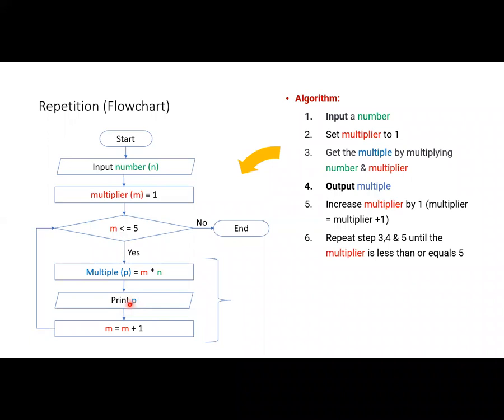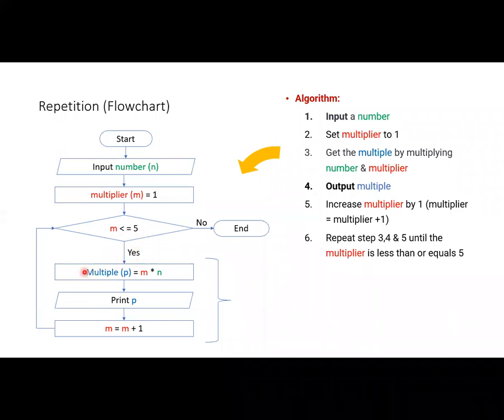Now we have to print our first multiple, then we need to increase the multiplier by 1. Then again check the condition. Now the multiplier is equal to 2 because we increased it by 1. 2 is less than or equal to 5, so the condition is true.